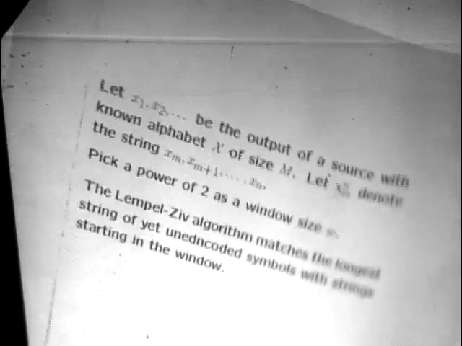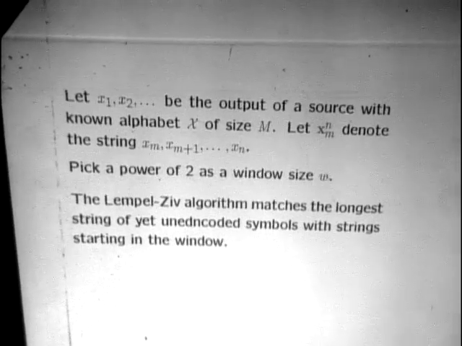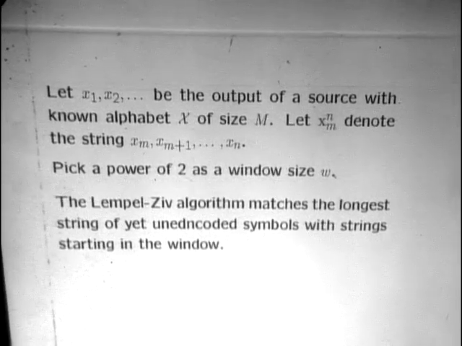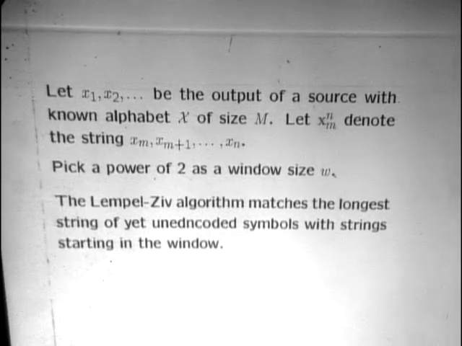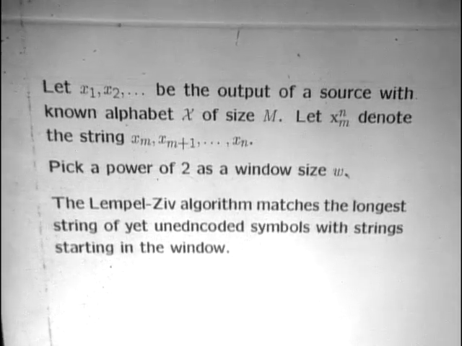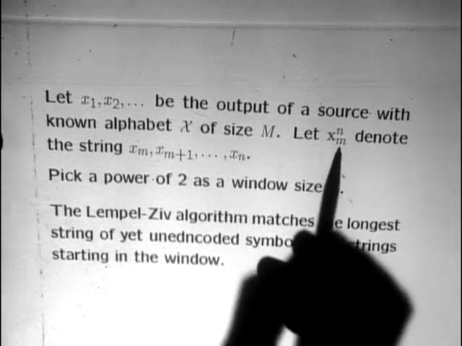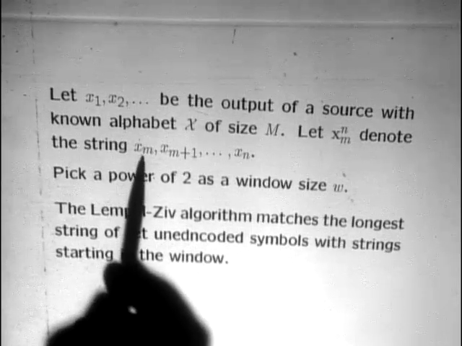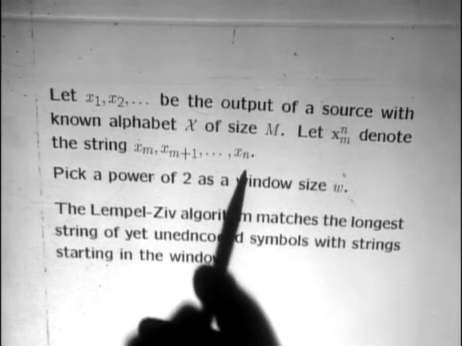Okay, so let's describe it a little bit. If we let x1, x2, and so on, be the output of a source, and the alphabet is some alphabet, capital X, which has size M, let's just as notation let x sub m super n denote the string x_m, x_(m+1) up to x_n.